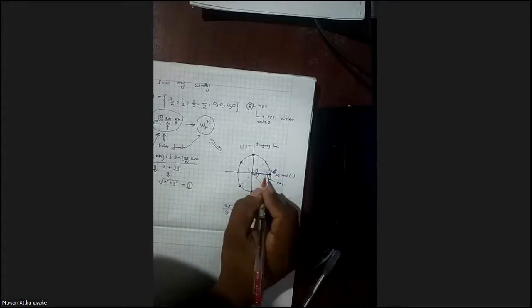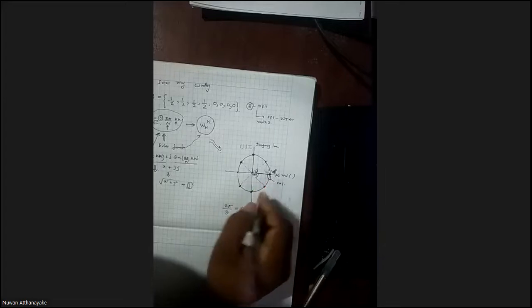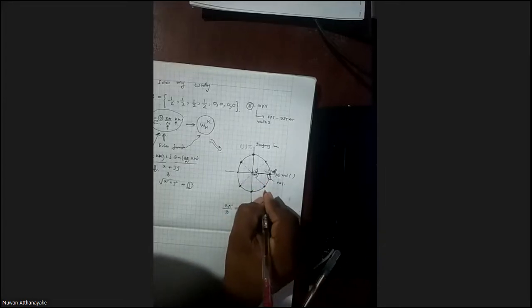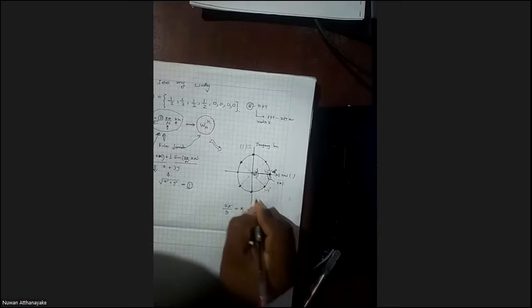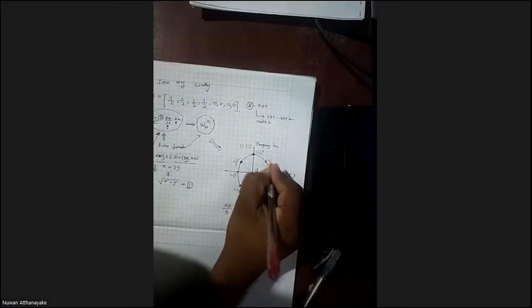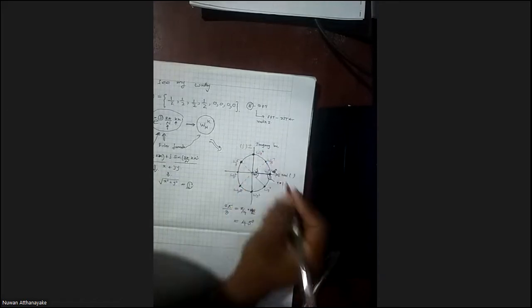I think you can see now W80, and this point will be my W81. And this point will be W82, this point will be W83, this point will be W84, this point will be W85, and this point will be W86, and this one will be W87, okay?